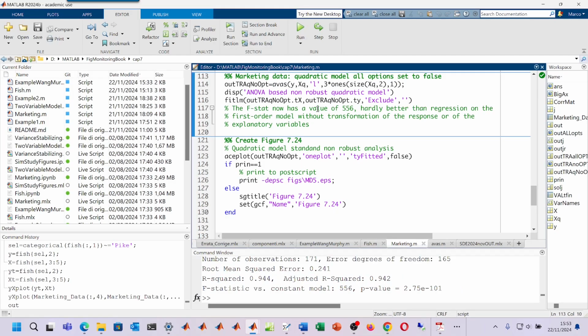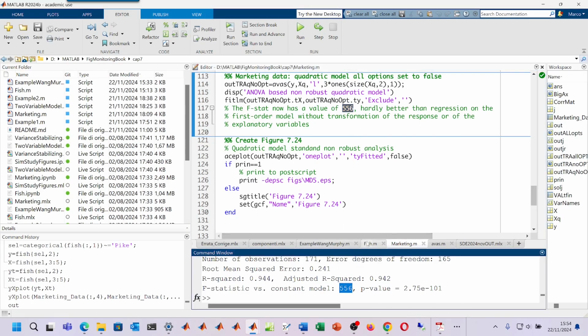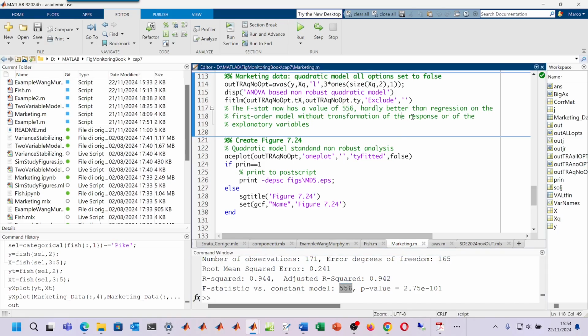Now we run the AVAS using the quadratic model, just standard AVAS. And now we look at the value of the F statistic, which is 556, a value which is hardly better than the regression on the first order model without transformation of the response or of the explanatory variables.